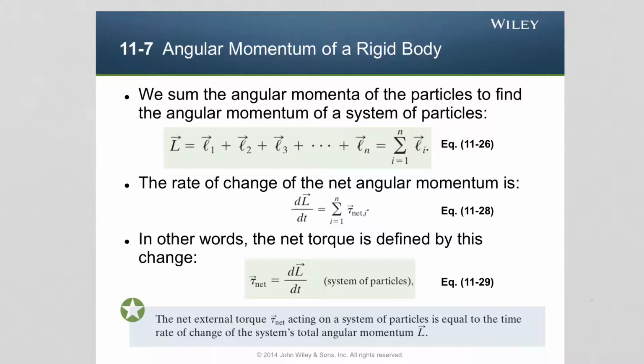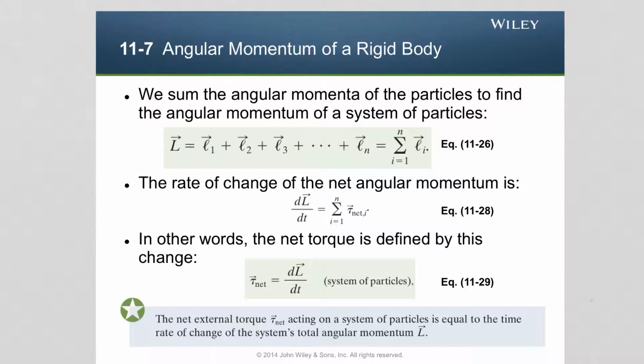And when I add all the angular momenta, L1, L2, L3, and so on and so forth until Ln, that will give me the total angular momentum of the entire system of particles. So then, on the other hand, I can also calculate the net torque that acts on each individual particle and add all of those together.